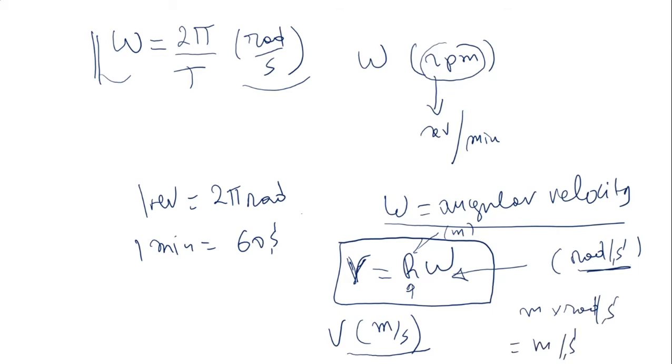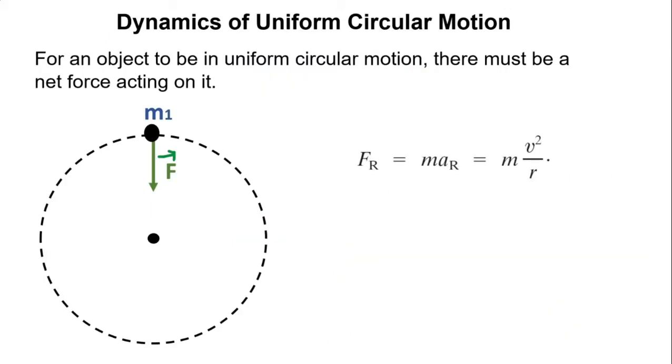If the acceleration is centripetal, meaning toward the center, the net force also is centripetal. It will be all the time facing toward the center. So if the object is at this point, the force will be toward the center. If the object is at this position, the acceleration will be centripetal, and the force also will be centripetal.